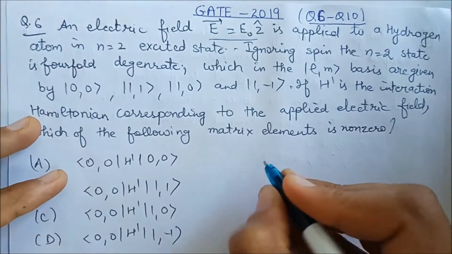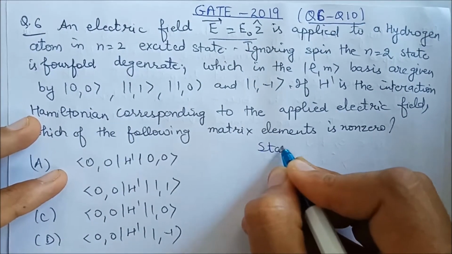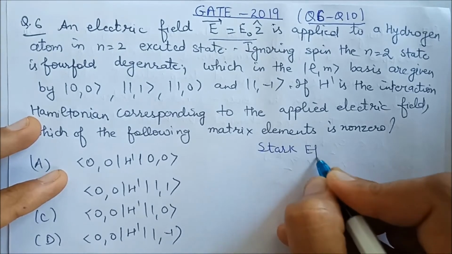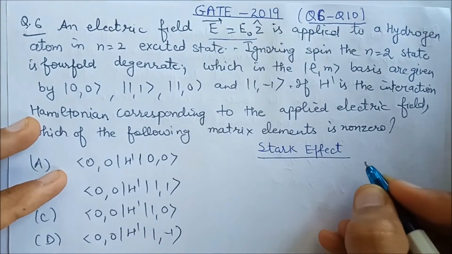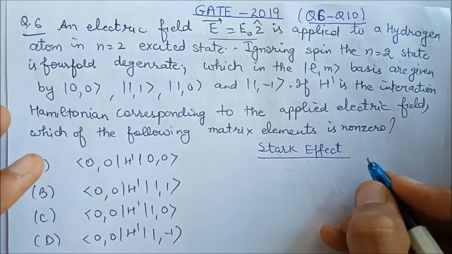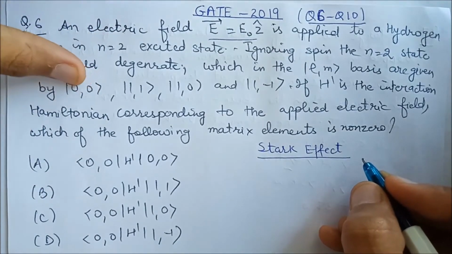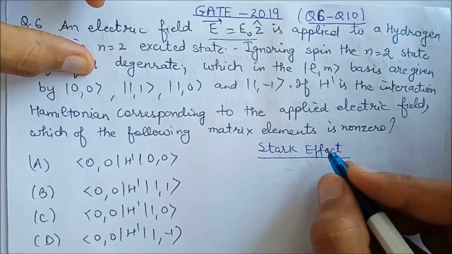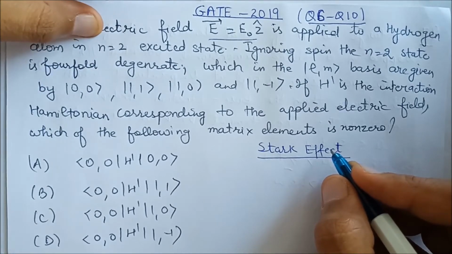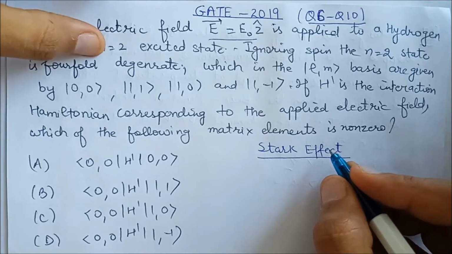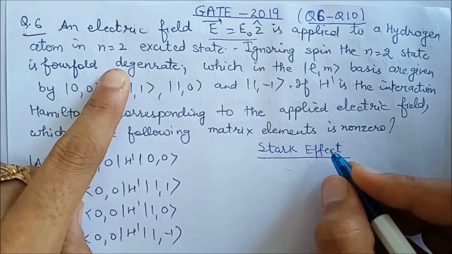So this is called the Stark effect. Stark effect is the analog of the Zeeman effect. In the case of the Zeeman effect, an atom is placed in an external magnetic field, and in the Stark effect, an atom, ion or molecule is placed in an external electric field, and here it is in the n equal to 2 excited state.